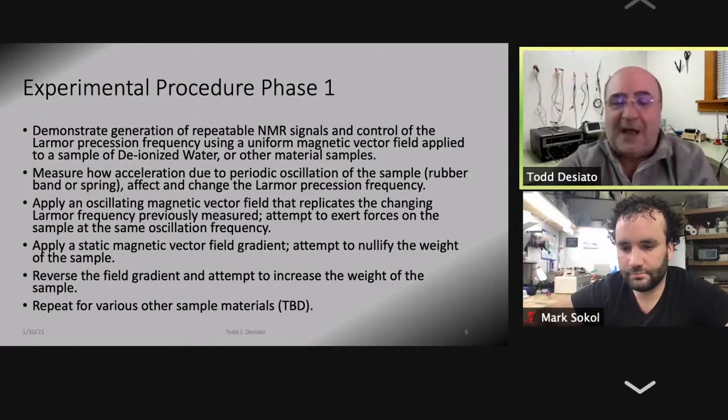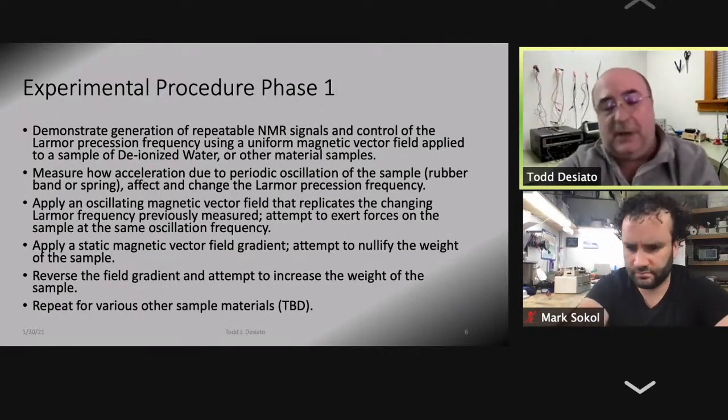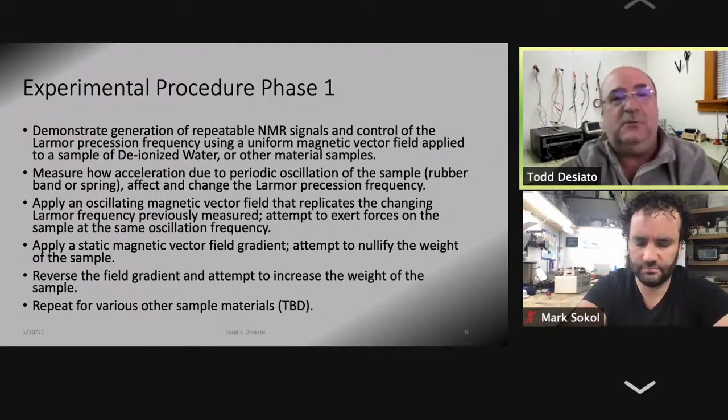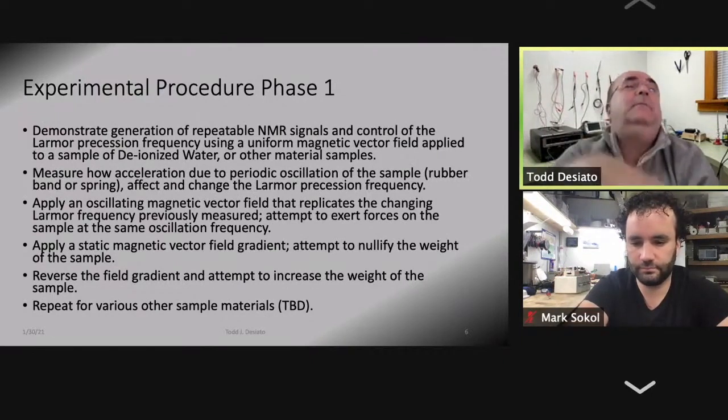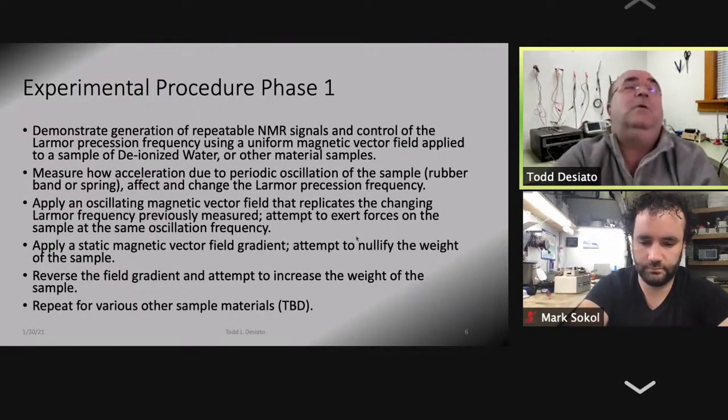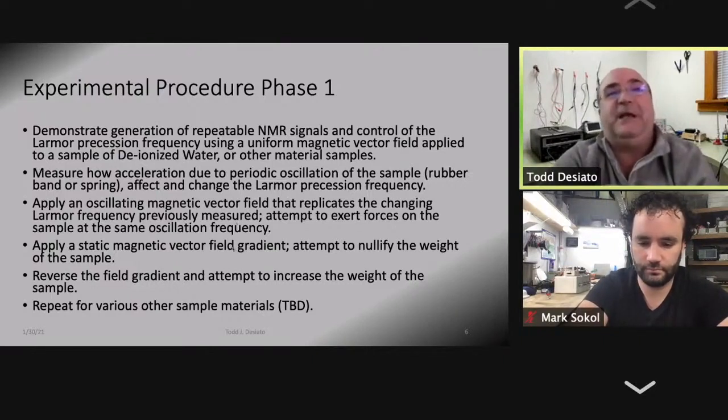So this is grabbing hold of those fermions and trying to exert a force on them all together, all at the same time, all the particles moving, accelerating uniformly. We then apply a static magnetic vector field gradient and attempt to nullify the weight of the sample.